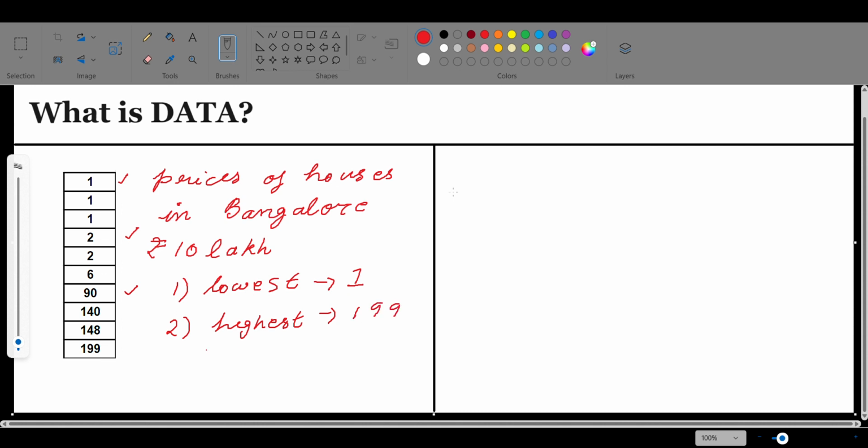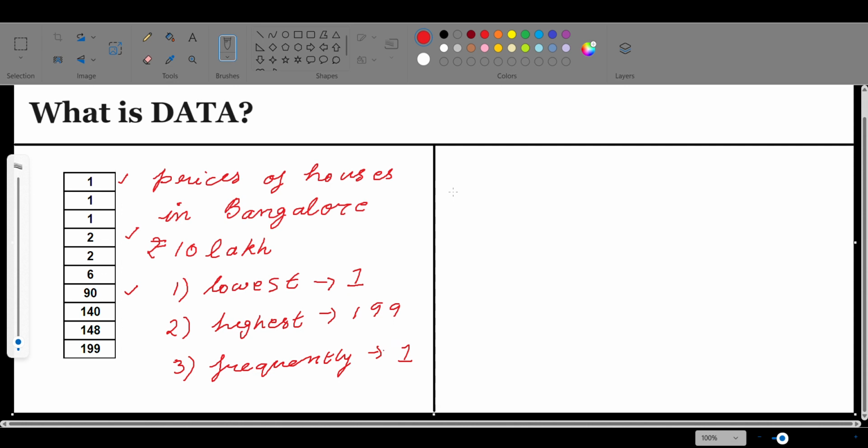The most frequently found house cost would be 1, right? And so on. You could understand so many things using these numbers now, right?